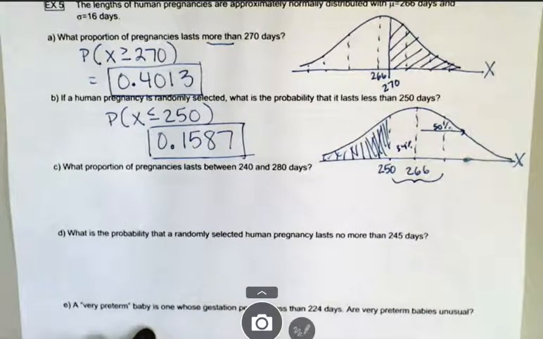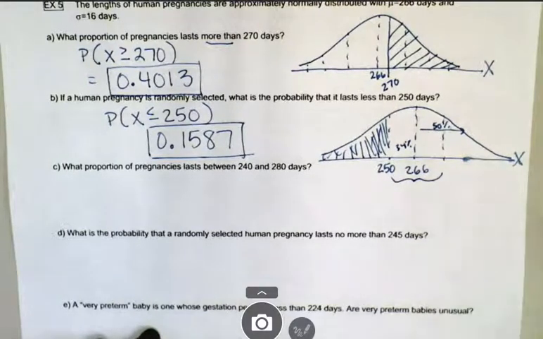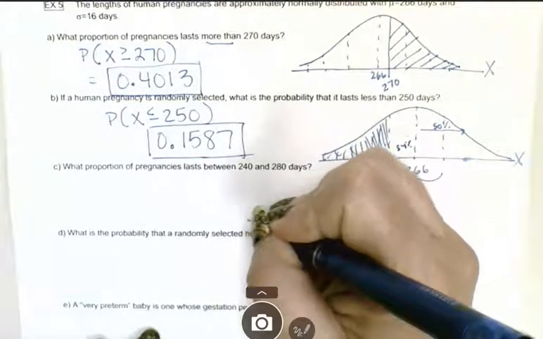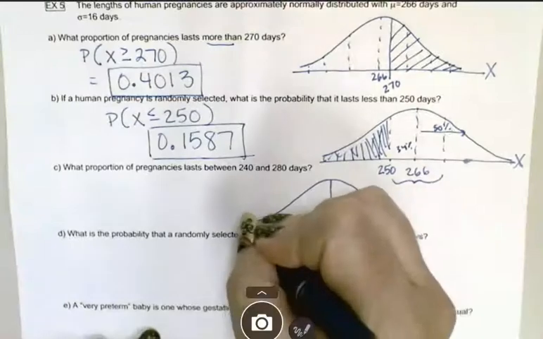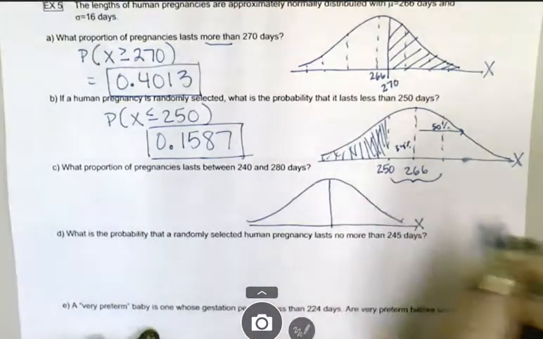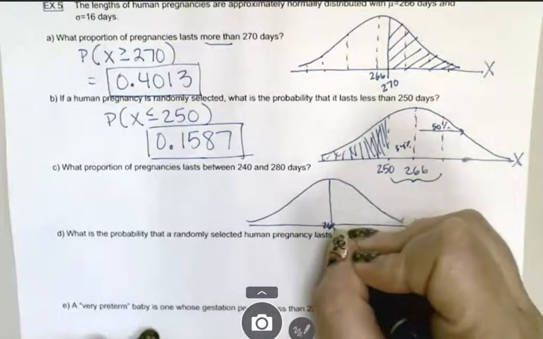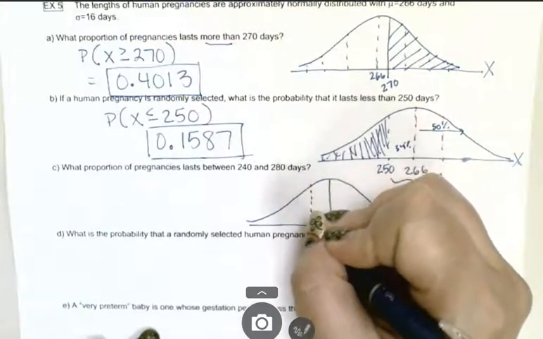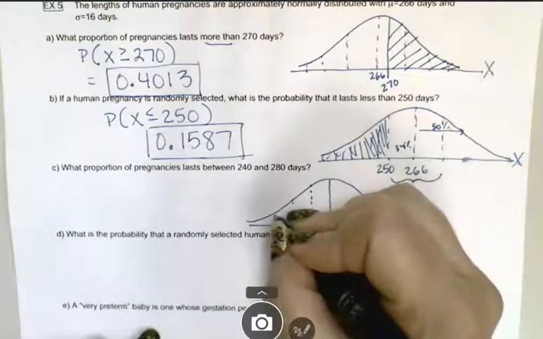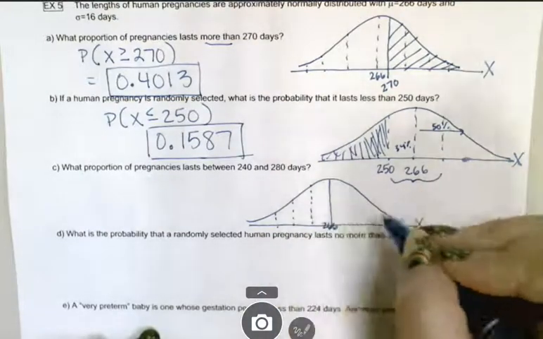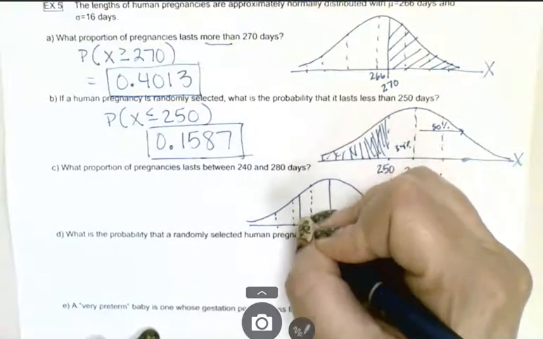Part C, what proportion of pregnancies last between 240 and 280 days? So draw our favorite curve. We've got 266 here. One standard deviation below is 250. The standard deviation is 16, so 240 is not 2 standard deviations away, but it's almost.